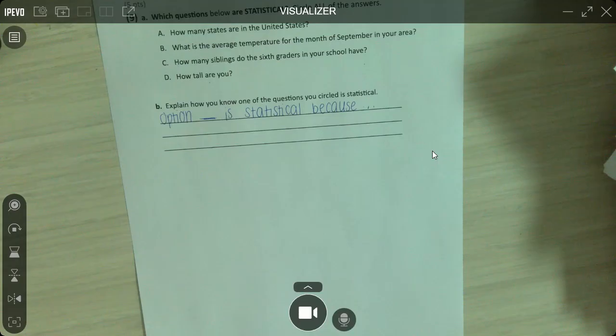After you get done with part B, go ahead and give it to your teacher to look over, and then after your teacher looks it over, you can turn it into your math teacher.